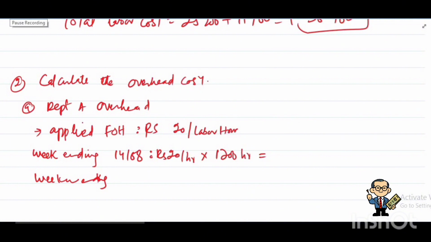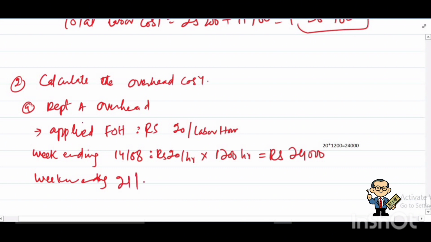Calculate first. 20 multiplied with 1,200 equals 24,000. So let me write here, R is 24,000. Now this is the week ending 21/08.